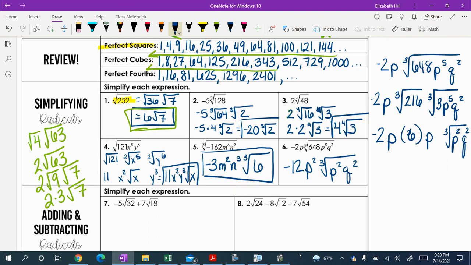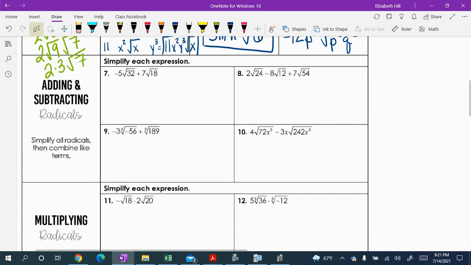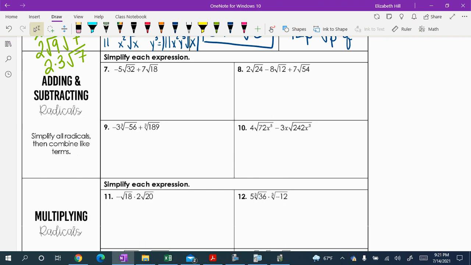All right, so that right there is dealing with the simplifying of radicals. Now when we're talking about operations, so adding, subtracting, multiplying, and dividing, adding and subtracting is the one that's the most picky, because you need to think of it like dealing with like terms, okay?